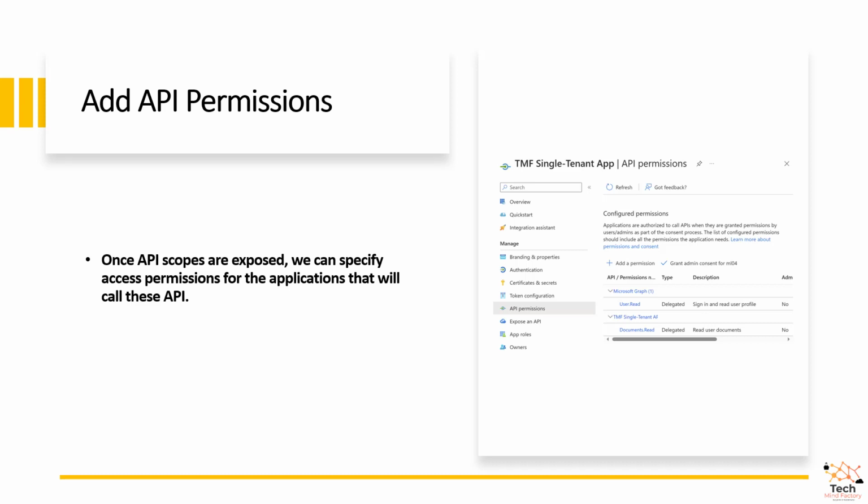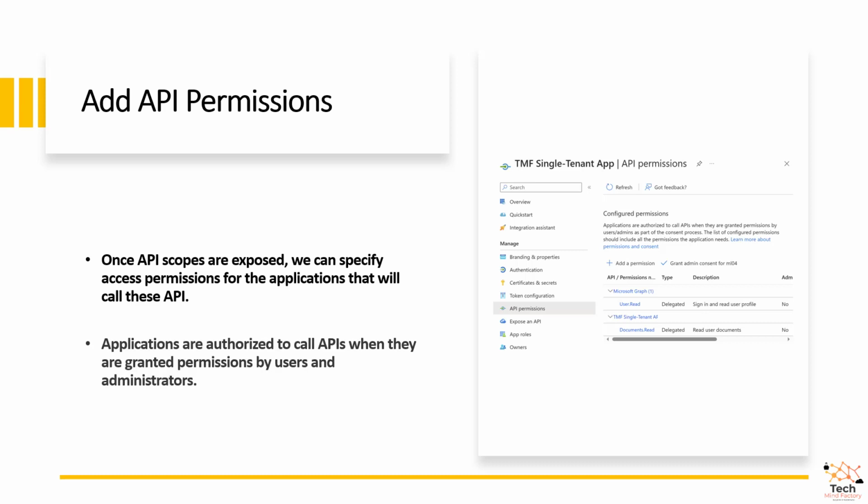In this specific scenario on the right side, we can see the documents read scope. Applications are authorized to call APIs when they are granted permissions by users and administrators. Again, we talk about the consent screen. So the application has to be granted permissions to use and access a specific API.